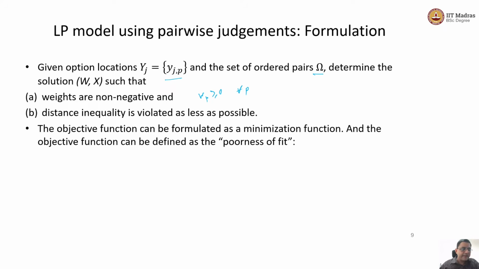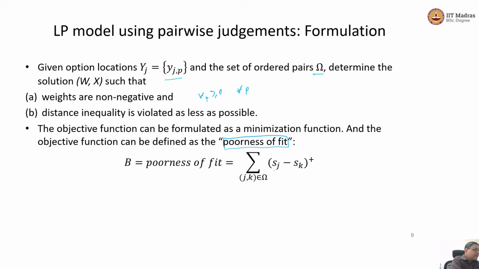So, the objective function can now be formulated as a minimization problem where we define the objective function as a poorness of fit, not goodness of fit. How do we define poorness of fit? Let us define poorness of fit as Sj minus Sk plus. What does this mean? What is generally x plus, what is the notation? It is max of 0 and x.